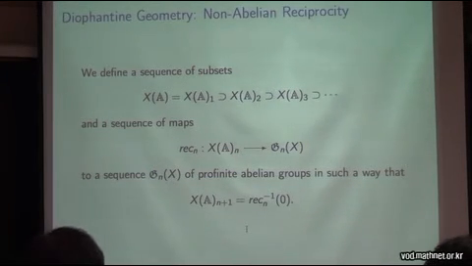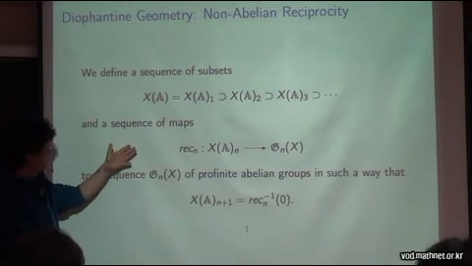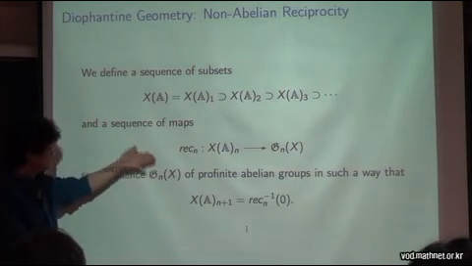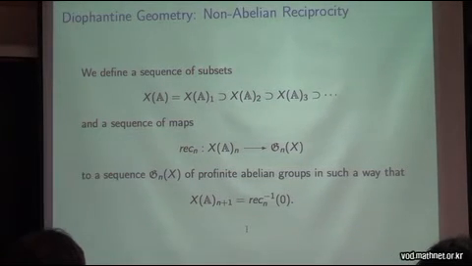So let me say again, on the adelic points of a variety, I'm going to define an iterative sequence of reciprocity maps, which in this way define a filtration on the adelic points.